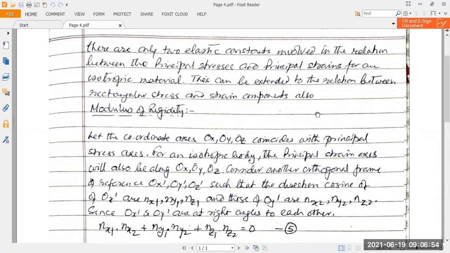And these three axes coincide with the principal stress axes. OX may be the major stress, OY the intermediate, and OZ the minimum stress itself.